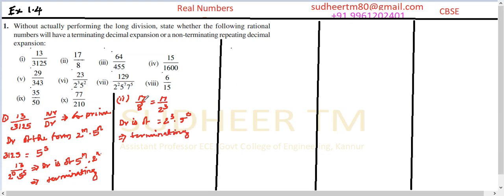If you actually divide 17 by 8, you can see after 3 places it terminates, because whoever has the highest power, that many places it will go, and after that it will be terminating.